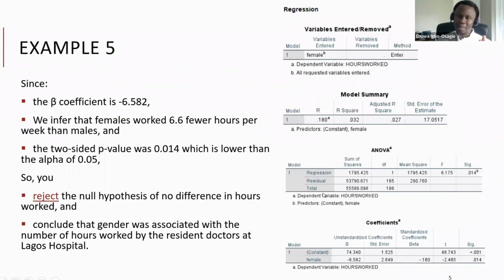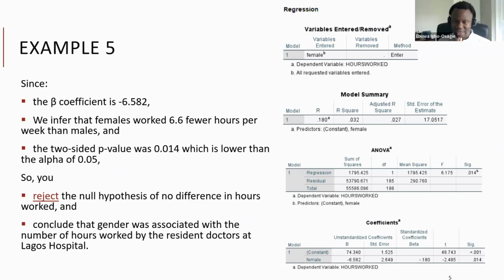Remember that in our regression, we're quantifying estimates. Can you interpret this regression model? From the coefficients, looking at the regression equation, it means that for being female, they worked 6.6 hours less than the others.